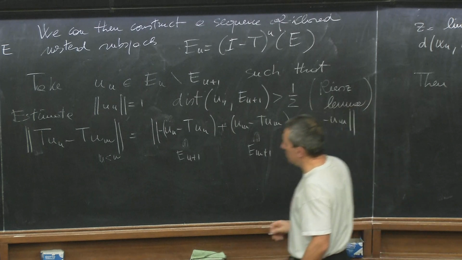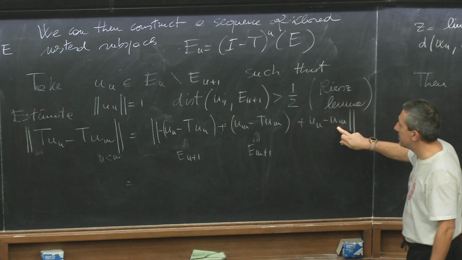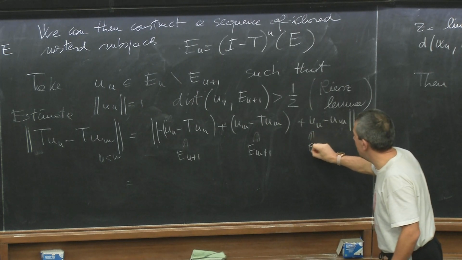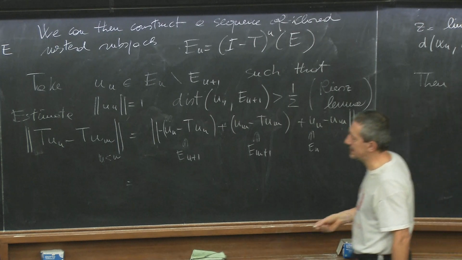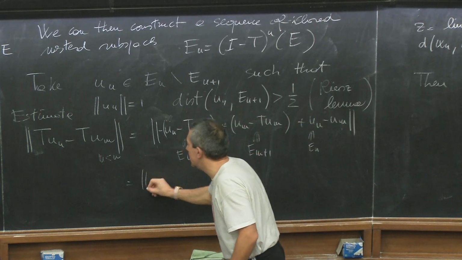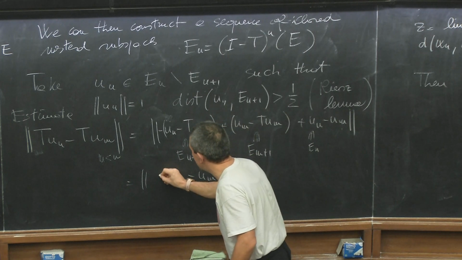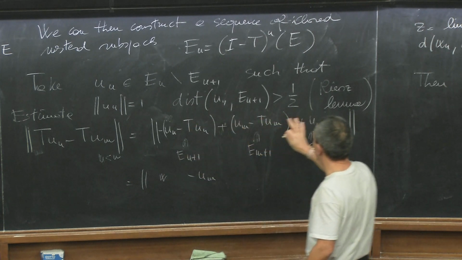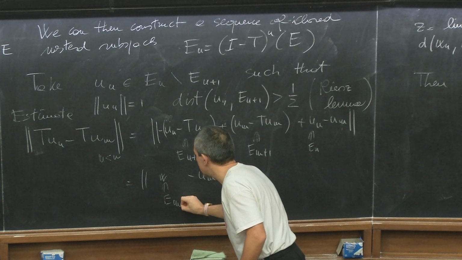So this is greater or equal than the distance of um from En plus 1, where I have a vector w, which is the sum of these objects, which belongs to En plus 1.